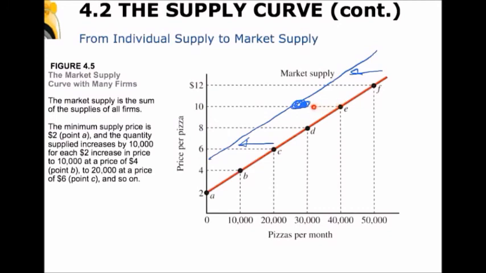There's a reduction in the quantity supplied, and that's a movement to the left of the supply curve. And as we show that, that is moving to the blue supply curve. An increase in supply would be a shift in the other direction, to the right. So anything which increases the quantity supplied of a good or a service at any given price increases supply, and that's a shift to the right.